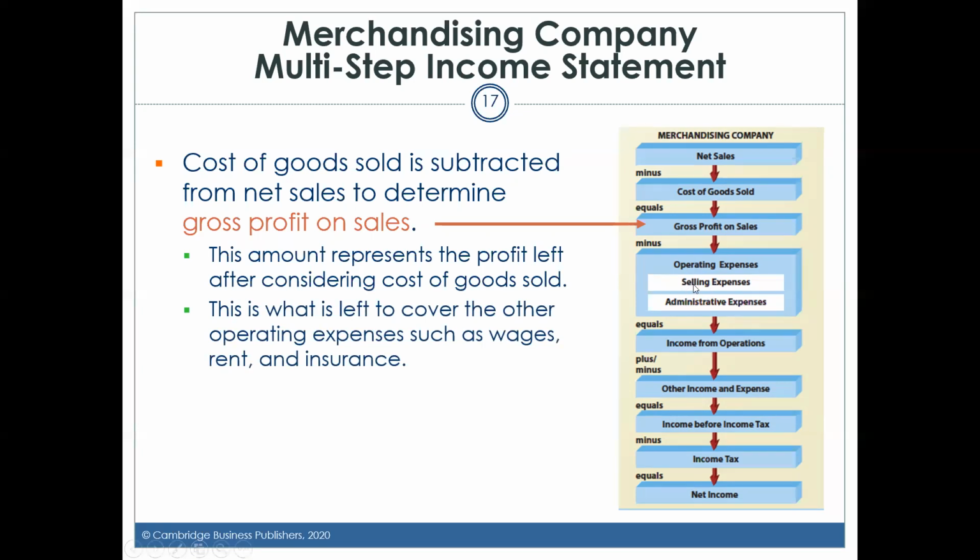Examples of operating expenses are any selling expenses like advertising expense, any commissions you pay your salespeople to sell the product for you, all of your salaries for your administrative folks, your wages, insurance, so forth. Rent.